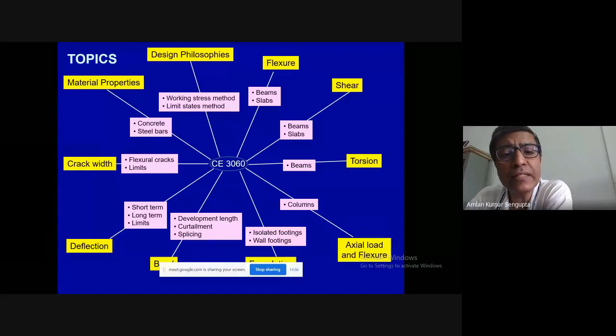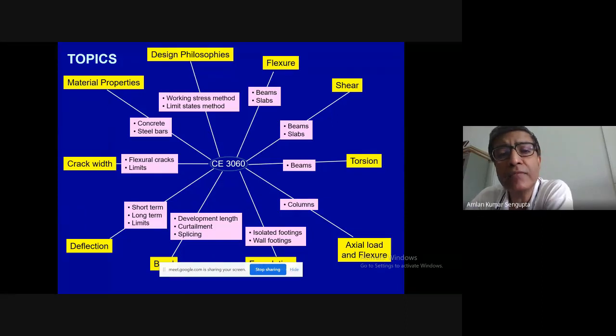Next is the crack width. A big problem of reinforced concrete members is the durability issues. What is meant by durability? If we are designing a structure for say 50 years, it should exist in a good state. We don't want cracks to form through which water can go inside.